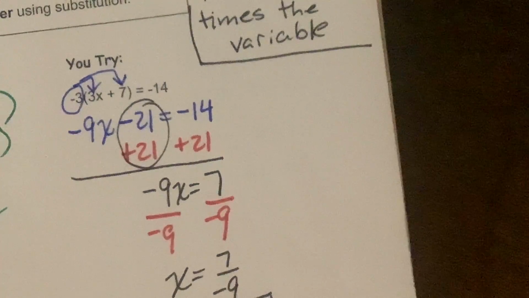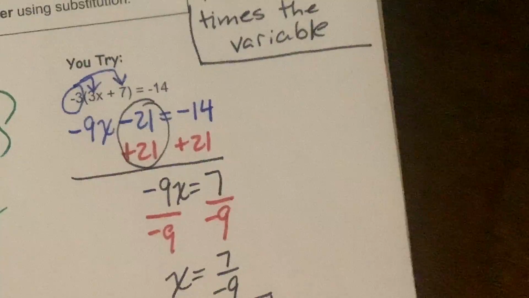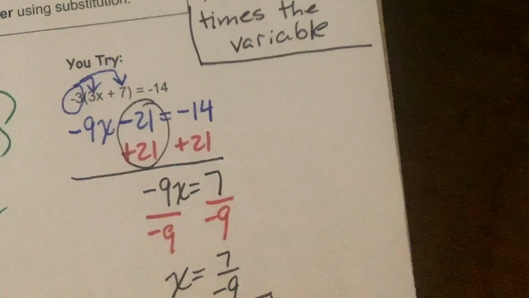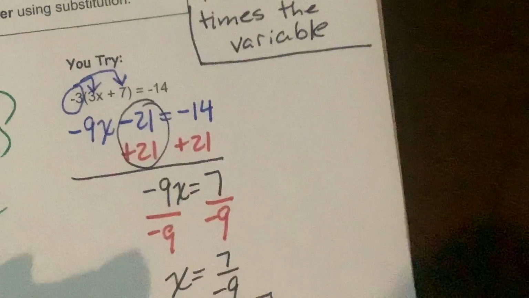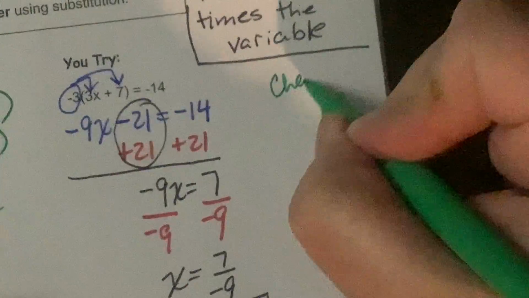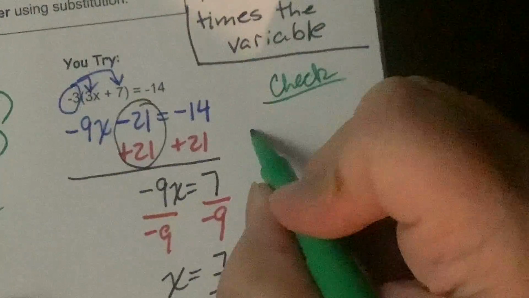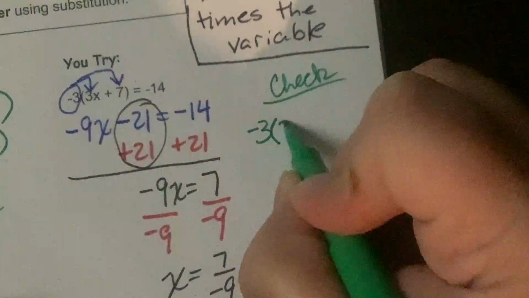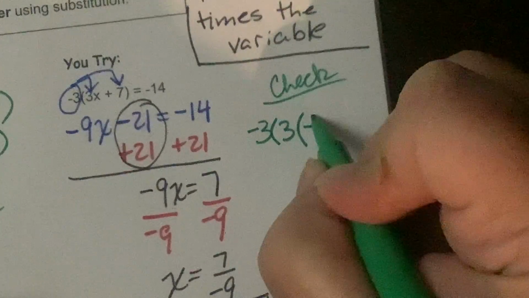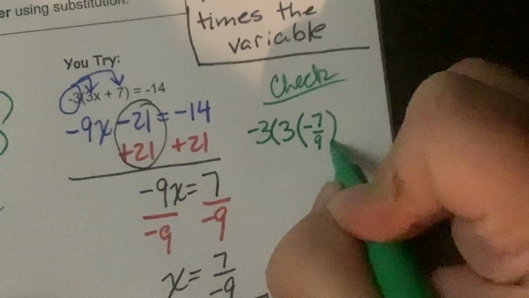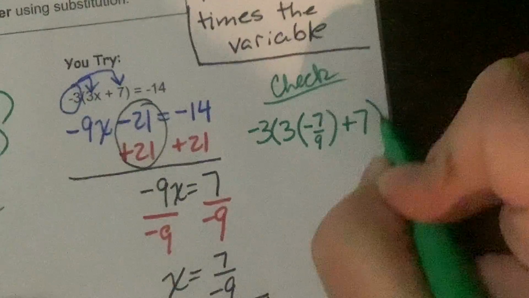Oh no, we have to check with a fraction as an answer. Yes, it's okay. You'll be fine. You'll survive. Here we go. Check. Negative 3 times, 3 times negative 7 over 9 plus 7, in parentheses.